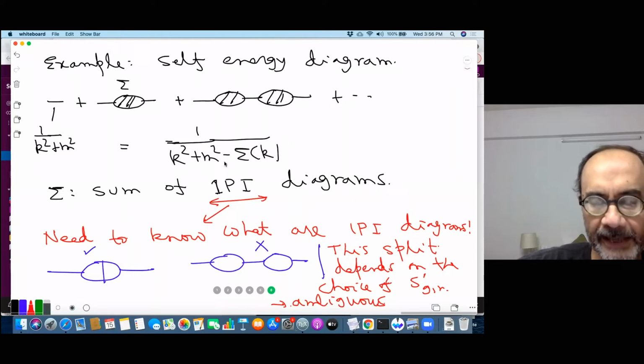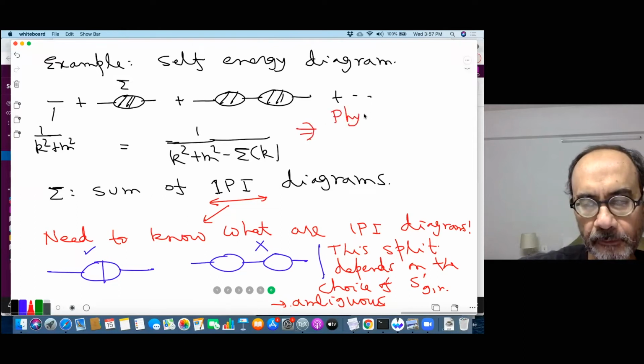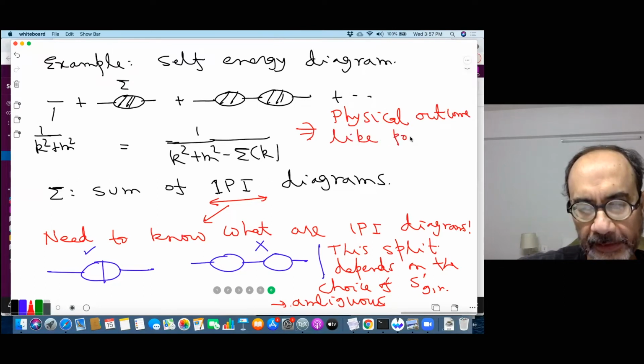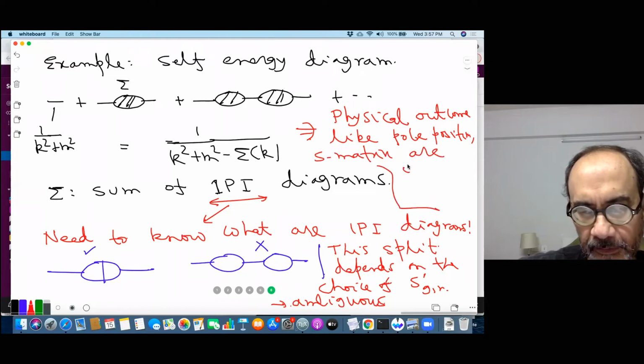What is guaranteed at the end is that while the sigma of k depends on this choice, all physical quantities that we derive from here, so physical outcome, like pole position, that's the spectrum, or S matrix, are independent of the choice of S prime 0 and S prime Gn.